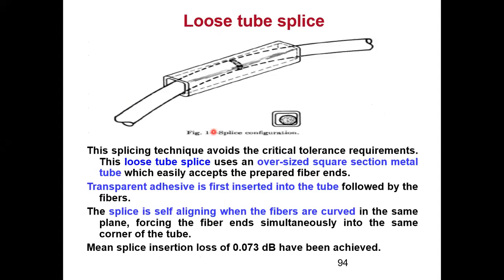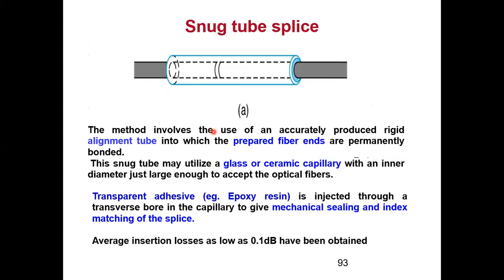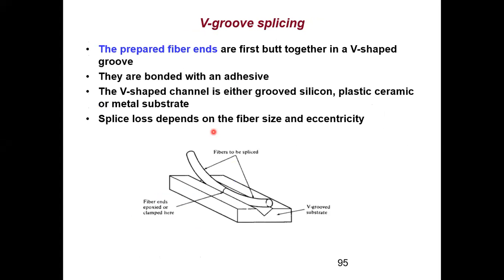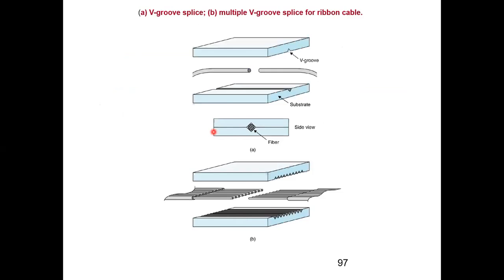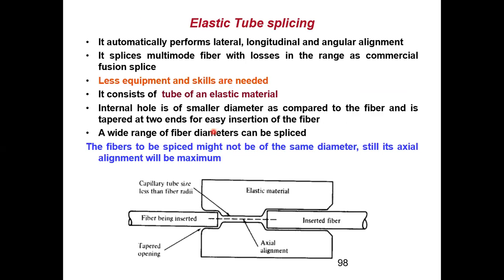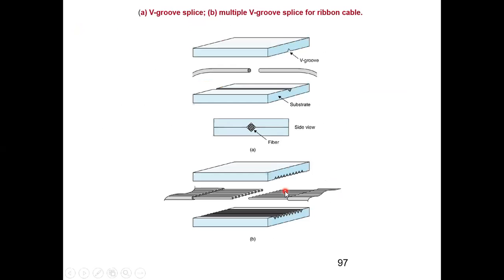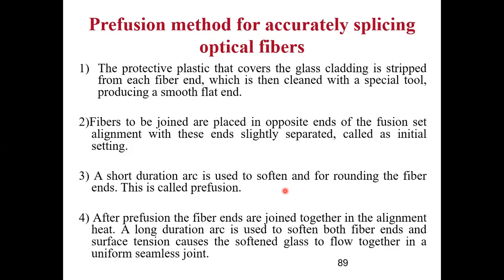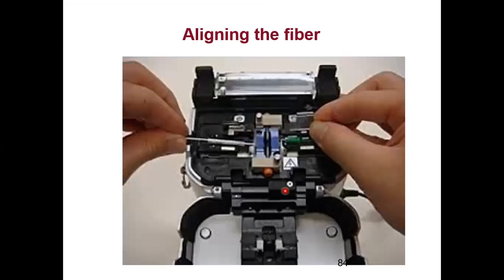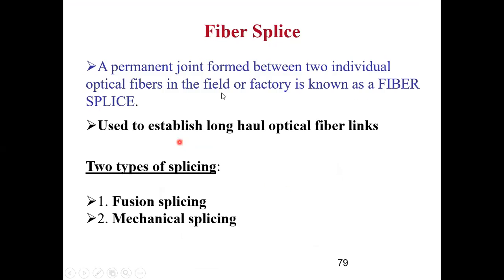Either I have a loose tube or a snug tube, or a groove plate where I put the fiber, or I have this elastic tube splicing. So the principle remains the same. Now remember, when I started with the definition of splicing, it's a permanent joint.